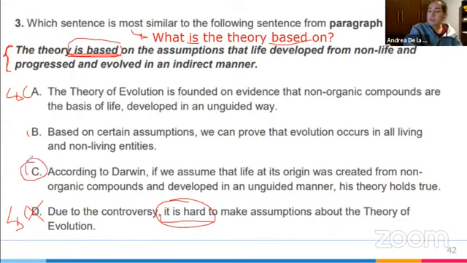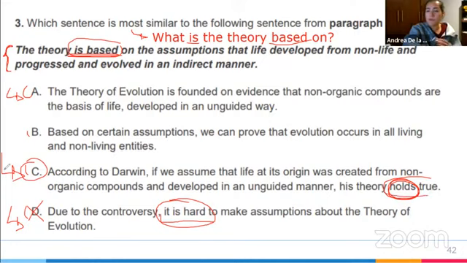Now, option C says, according to Darwin, if we assume that life at its origin was created from non-organic compounds and developed in an organic manner, his theory holds true. This is the main verb right here. So option C is trying to express under what condition Darwin's theory would hold true, right?